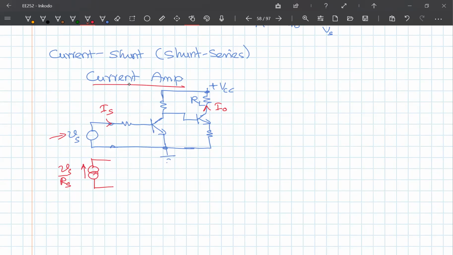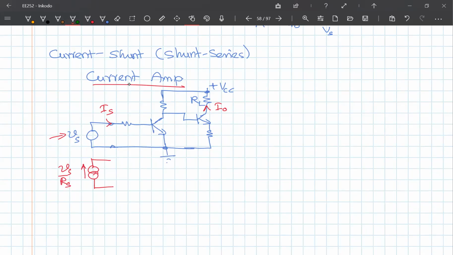Okay. So in this case, what do we have? We need to put the feedback. The output is current. Therefore, it has to be taken in series, right? And then, since input is current, it has to be subtracted in shunt, in parallel, right?